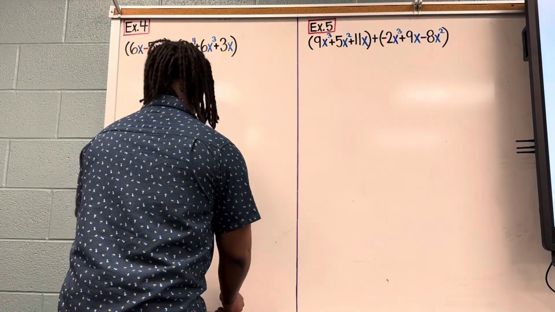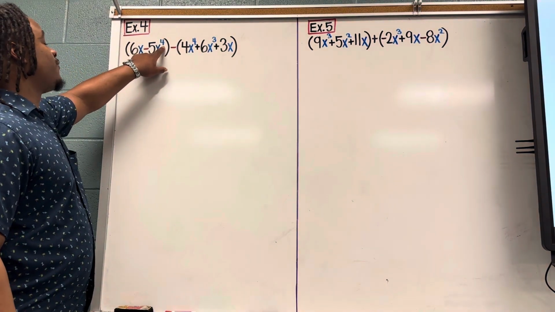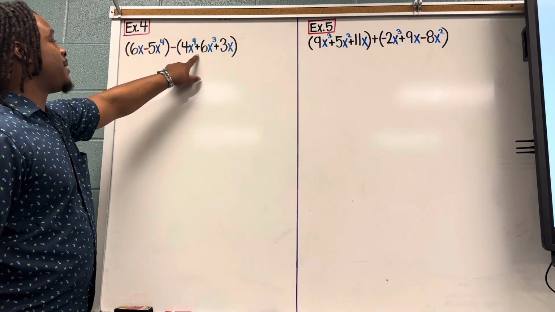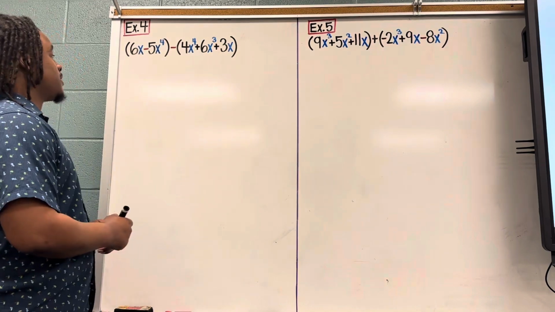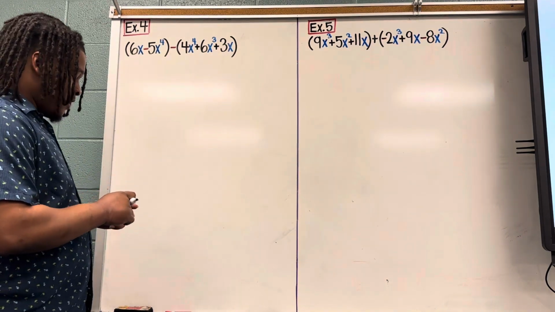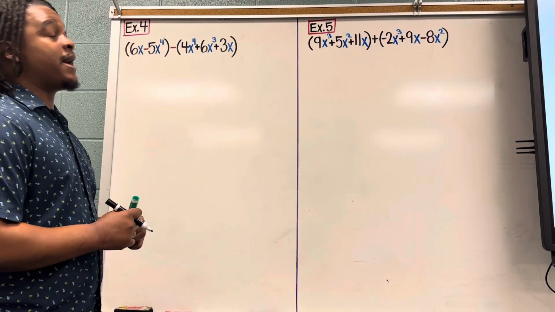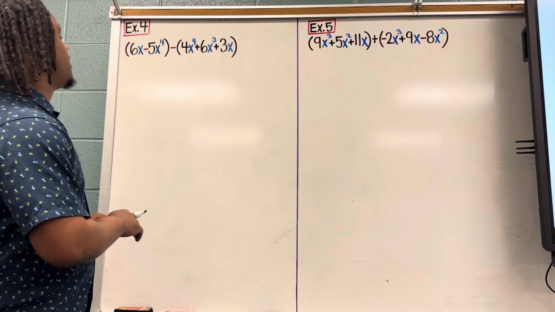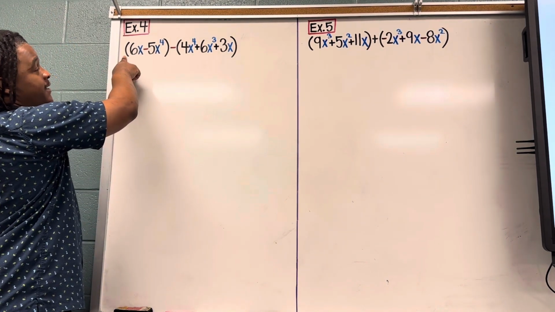In example 4, we have parentheses 6x minus 5x to the 4th power, parentheses close, minus parentheses 4x to the 4th power plus 6x to the 3rd power plus 3x, parentheses close. The first thing I always tell my students, or anybody studying algebra, is to always look to see if there's a number attached to the parentheses on the outside.